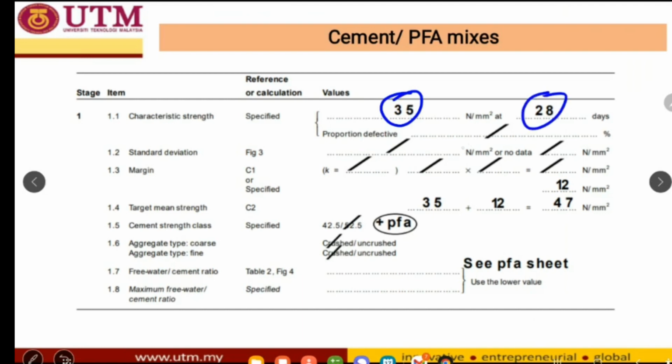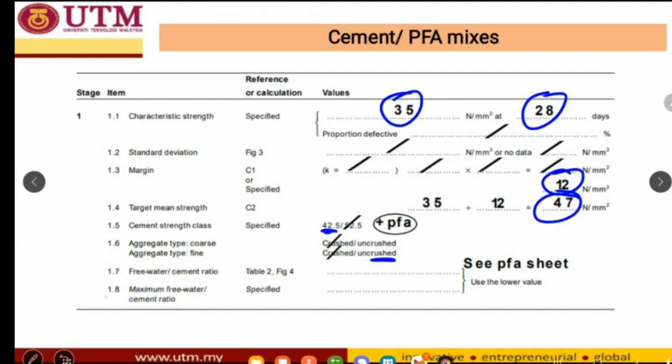The proportion defective we no need to calculate because from the previous control data it has already been specified, 12 Newton per millimeter squared is the margin. So targeted mean strength 35 plus 12 you get 47, and then for the cement strength class we pick 42.5 plus the PFA, and both the aggregate types for coarse and fine aggregate are uncrushed.